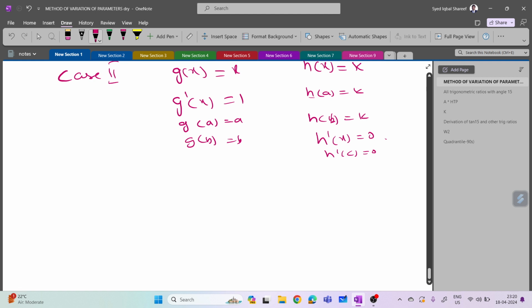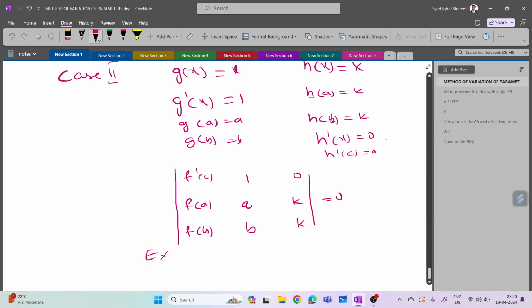Now put these in the determinant. What is f dash c, f of a, f of b? What is g dash c? g dash c is 1, g of a is a, g of b is b. What is h dash c? It is 0, since h is constant.